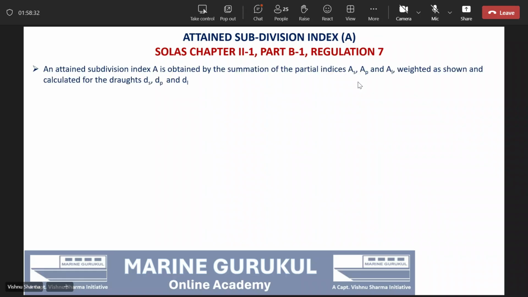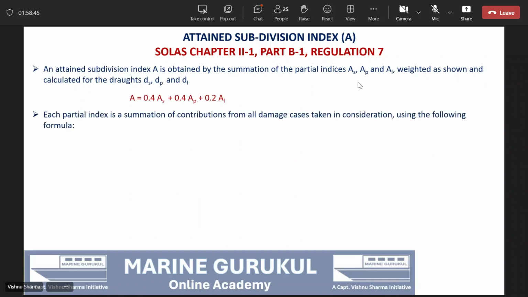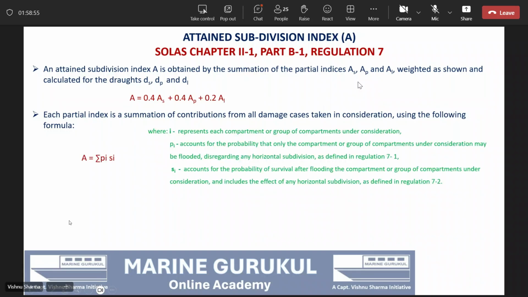Now, whatever I said here will come now. An attained subdivision index A is obtained by summation of partial indices AS, AP, and AL by weighted average method. Each partial index is a summation of contribution from all damage cases taken into consideration using the formula A is equal to PI into SI.